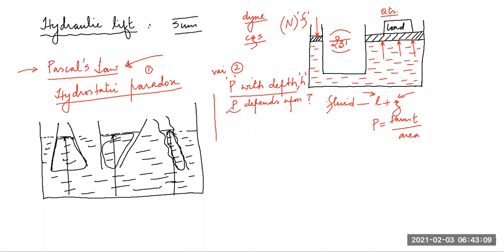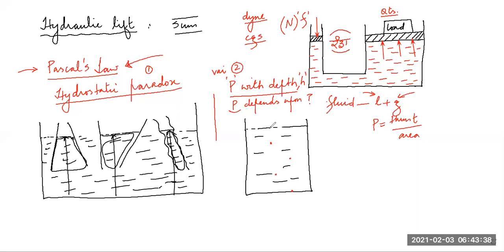Number two, how the pressure varies with the depth. Imagine I'm having a container. In this container, there is water. Let's say I want to measure the pressure of the water at this point, at this point, at this point, and at the bottom of the container.